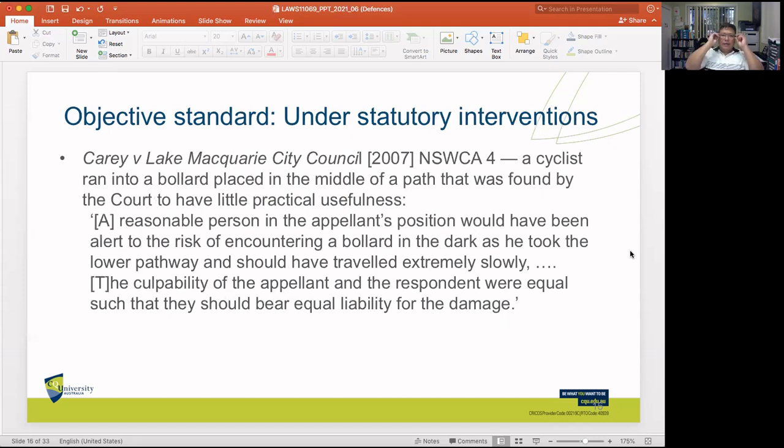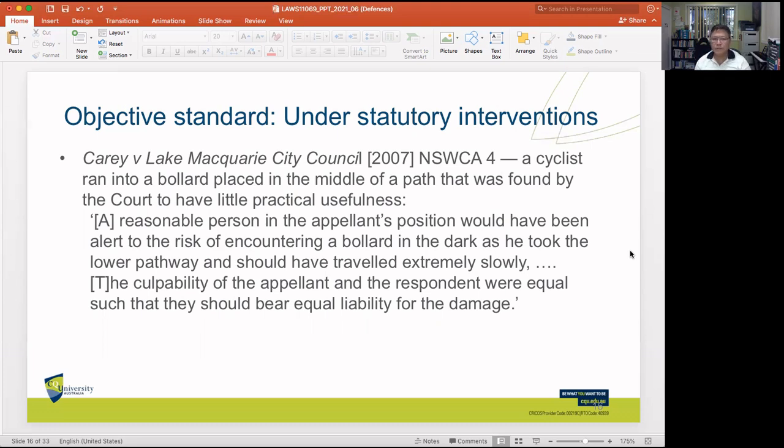Now, in the case of Carey versus Lake Macquarie City Council, a cyclist ran into a bollard placed in the middle of a path that was found by the court to have little practical usefulness. So in this particular case, this was a cyclist who had been cycling often. This was early in the morning, but the cyclist was not as careful as would have been expected.